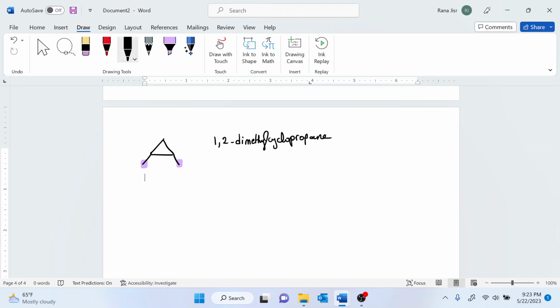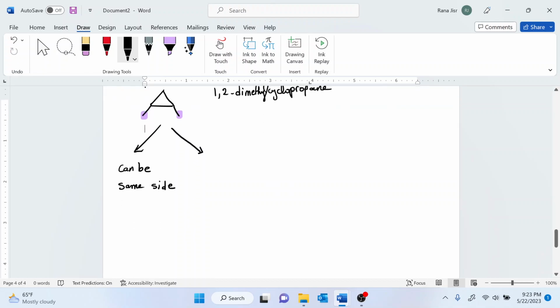So there's 2 orientations for these substituents. Either they can be on the same side, and if they are on the same side, then I need to show them on the same side. Both of them can be either pointing up or they can be pointing down.